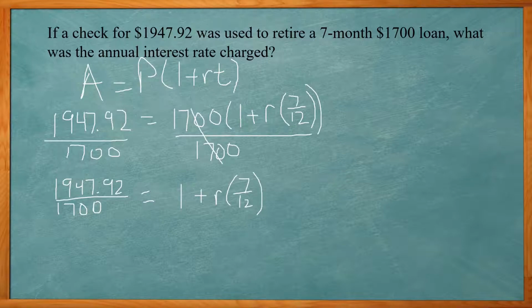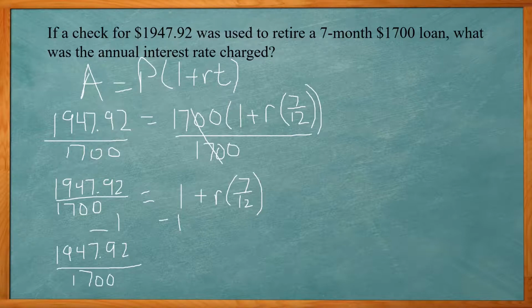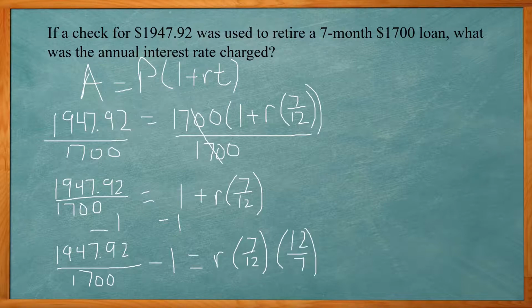Since we don't have anything on the bottom anymore, we don't need those parentheses around the whole thing. Alright, so then next thing to do is subtract 1 from both sides. It's going to give me the 1947.92 over 1,700 minus 1 equals R times 7 over 12. And then again, to get rid of the fraction, I'm going to multiply by the reciprocal, which is 12 over 7. Do that to both sides.